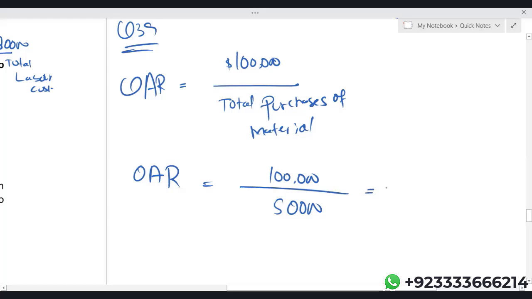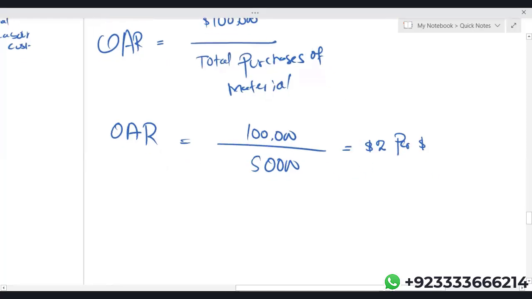So basically we can say that the overhead absorption rate relating to material handling is $2. And this is $2 per dollar purchase of material. Very simple.